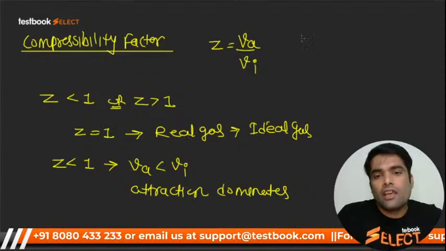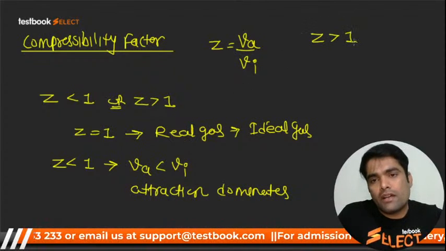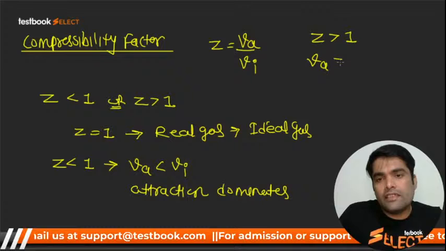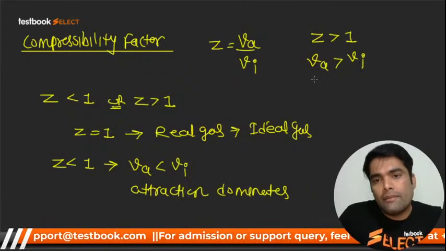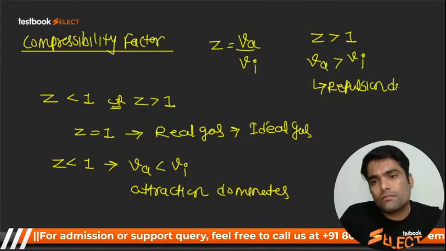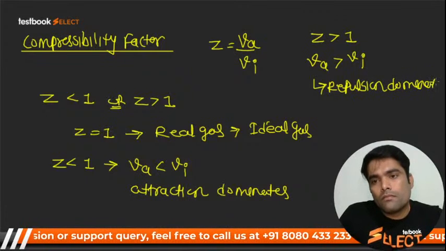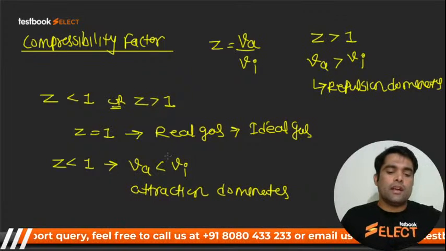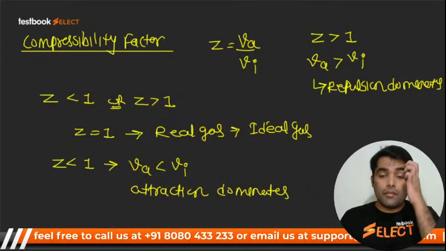That it indicates. If Z, my dear, is greater than 1, it means what? VA is greater than VI. It means repulsion dominates. Repulsion क्या होगा बच्चे? It is very high. Remember.